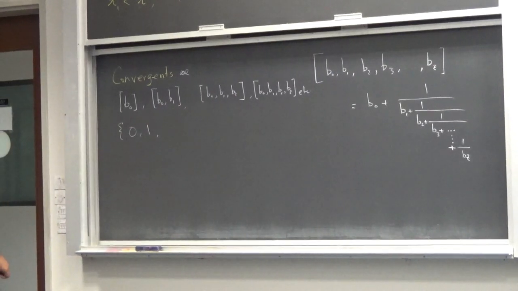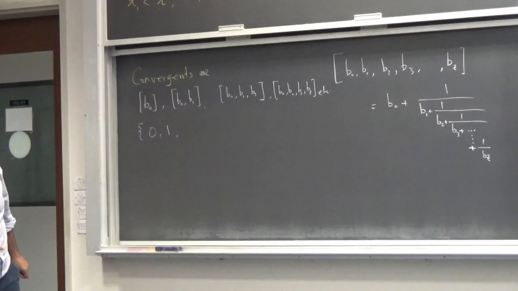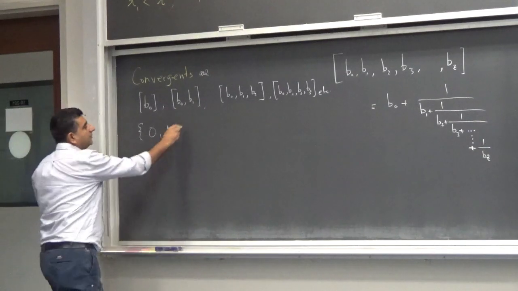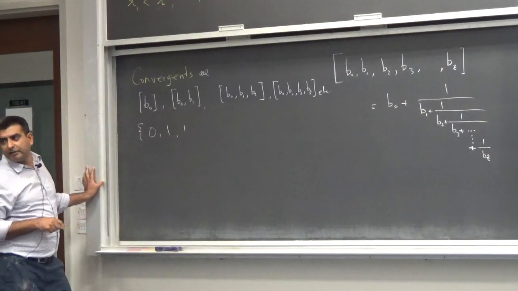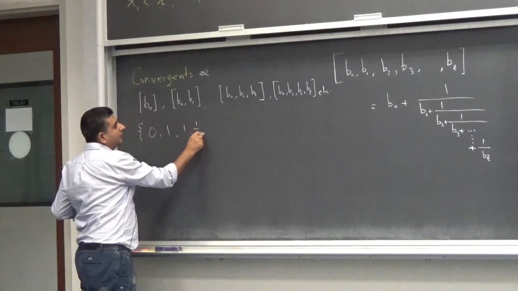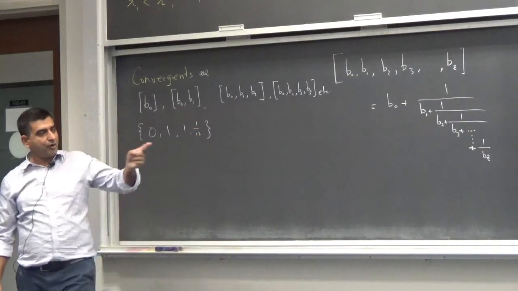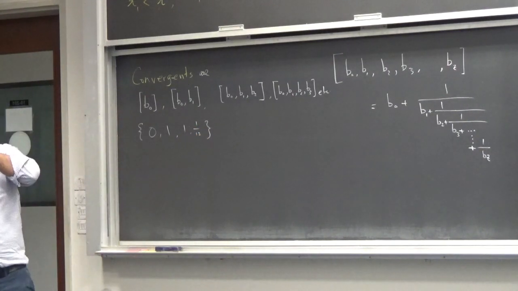The next convergent is 13 over 12. Oh, sorry. Yeah. The next convergent is again 1. The final convergent is 1 over 12, right? So these are the convergents of 13 over 25.